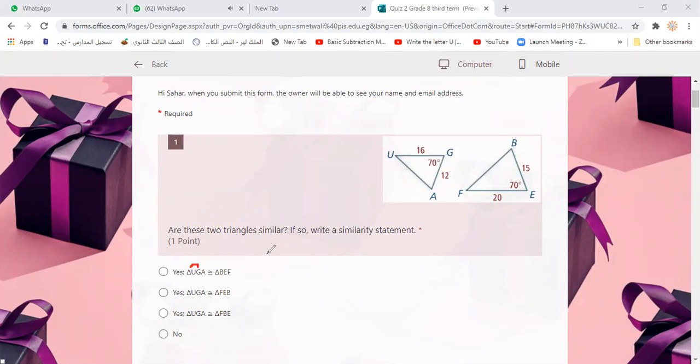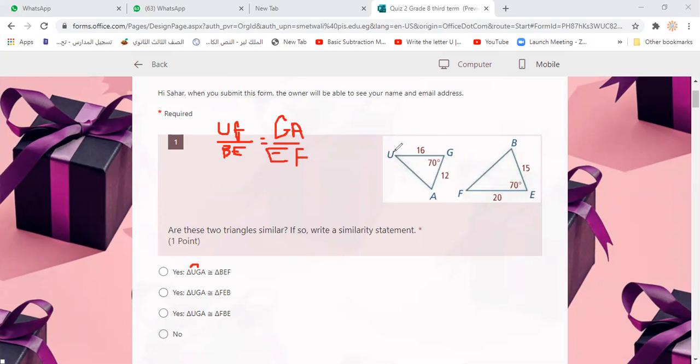So here it will be UG over BE equal GA over EF.